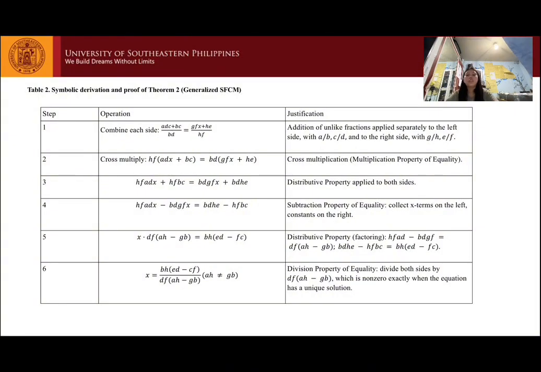This allows us to express the entire coefficient of x as one algebraic expression. And step 6 is dividing to solve for x. In this step, we divide both sides by the coefficient of x. This gives the generalized closed form solution known as Theorem 2.